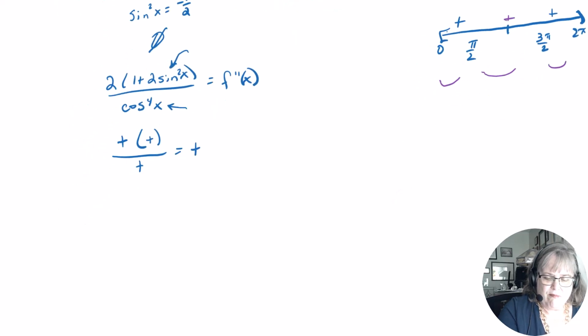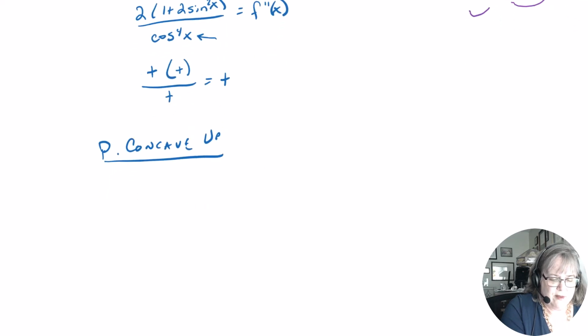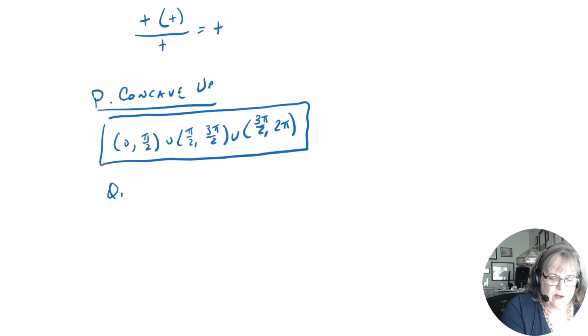Okay, so where is it concave up? Anywhere there's a part of your graph. So from 0 to pi over 2, from pi over 2 to 3 pi over 2, from 3 pi over 2 to 2 pi. Where is it concave down?